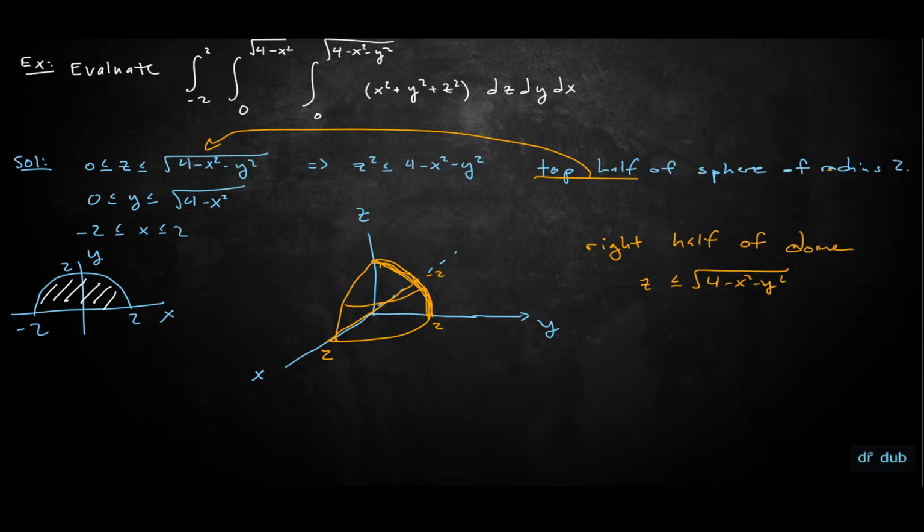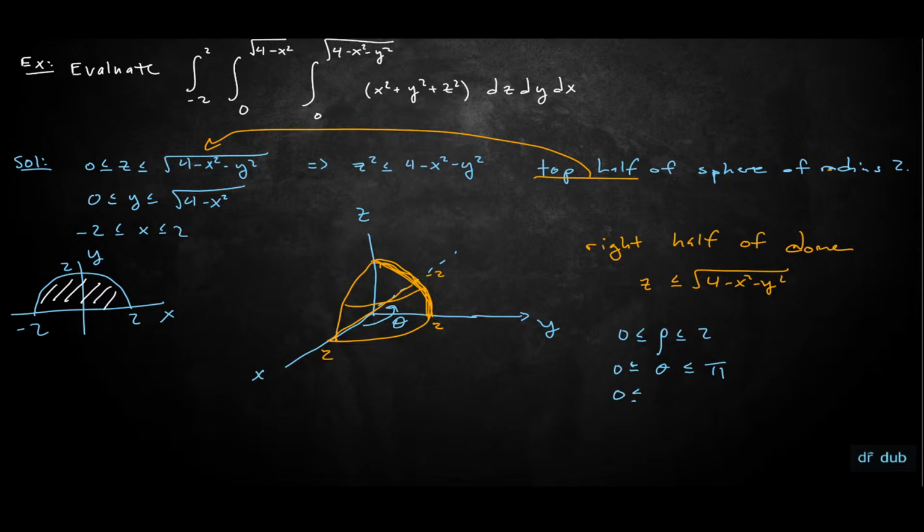So what are our spherical bounds for this now? Well, rho is not too bad. It goes from 0 to the radius of the sphere because the sphere radius is constant. In this case, it's radius 2. Theta is going from 0 to pi because I'm only going halfway around for theta.